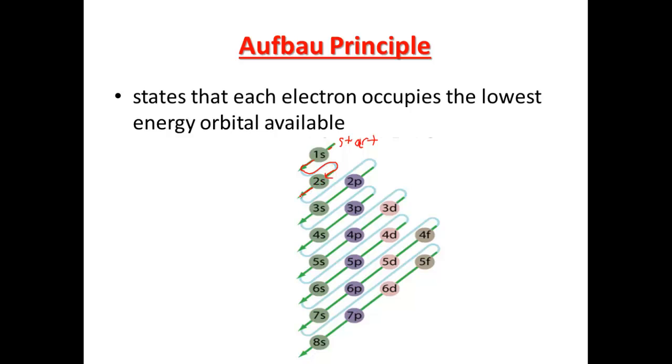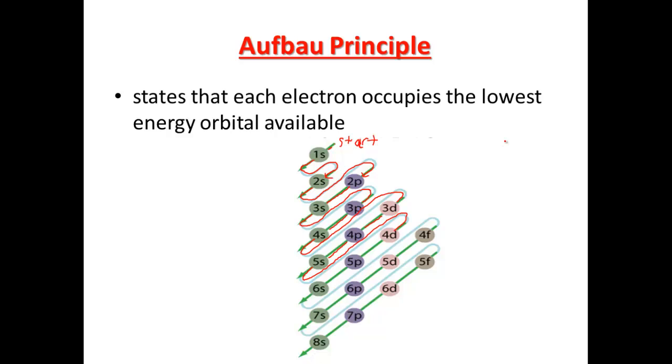Once you're done filling up the 2s, it's going to move back around. We're going to move to the 2p, back to the 3s, rotate back up and around to the 3p, to the 4s, rotate back up around, and we're going to go to the 3d, the 4p, the 5s, and back up around and continue this process.